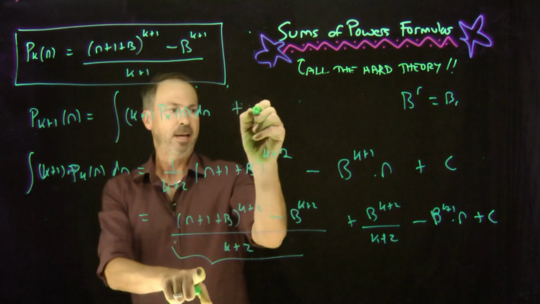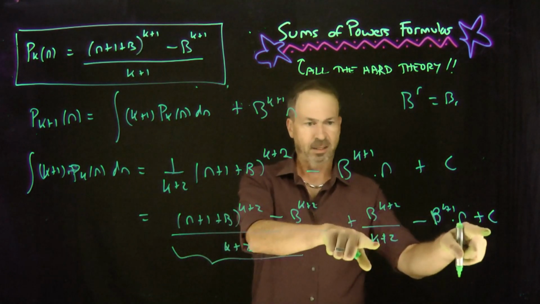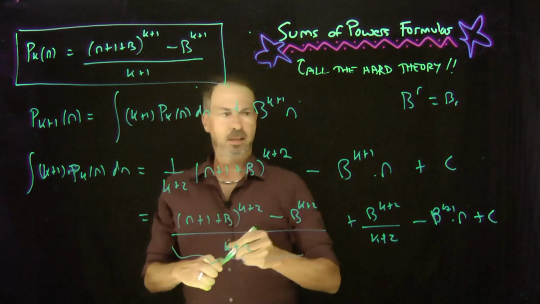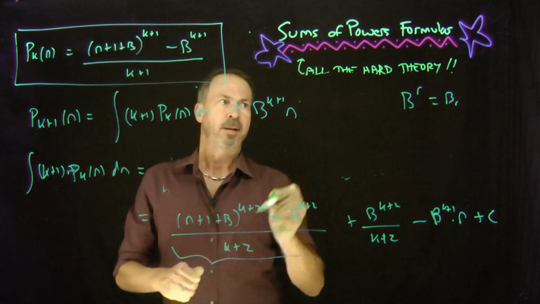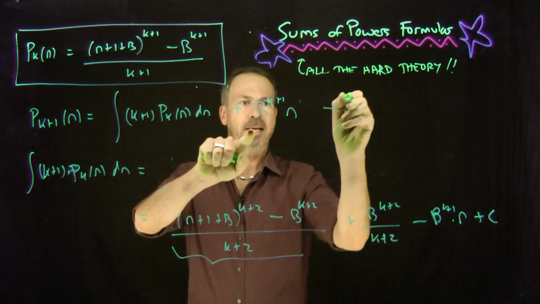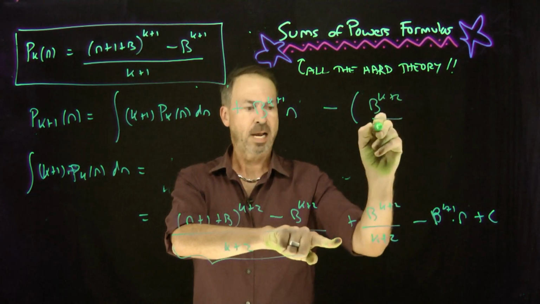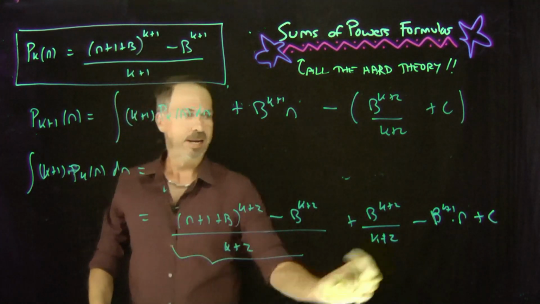Okay, it's plus b to the k plus 1 of n, and then subtract this constant stuff. There's a constant c in this constant stuff, minus, I'm going to erase this part of the board here so I can get some room. Oh, I don't need that. Minus b to the k plus 2 over k plus 2 and a plus c. Bingo, that's what we've got right now.